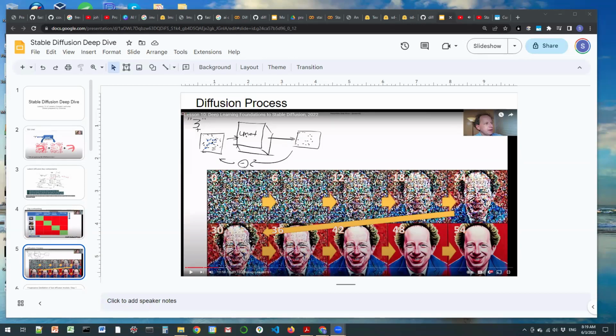So what he is pointing to here, and we'll see this in the notebook that we'll go through shortly, is a process by which somebody has generated an image of Jeremy Howard smiling, if you will. And this is using the inference part of the stable diffusion algorithm.